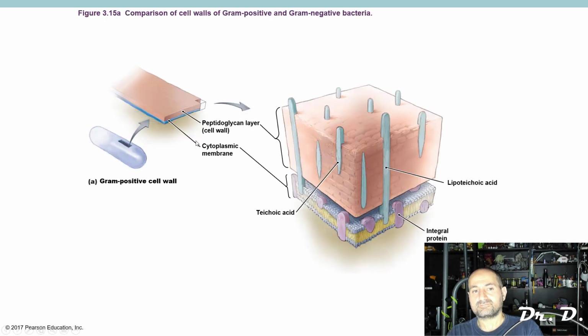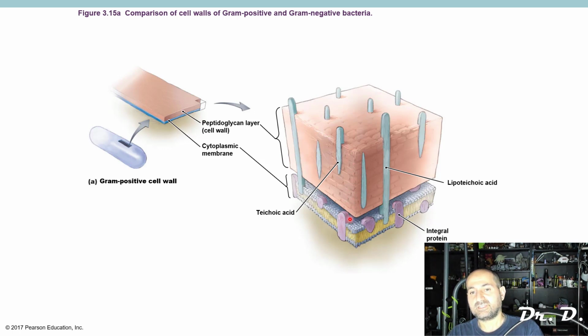So take a look. Here is a gram-positive bacterial cell. If we were to do a cross-section of its cell wall, like look inside of the cell wall, we would see this. And if you zoom in, what do you see? Here's the plasma membrane, and outside of that you have the cell wall. You see this thick layer here?